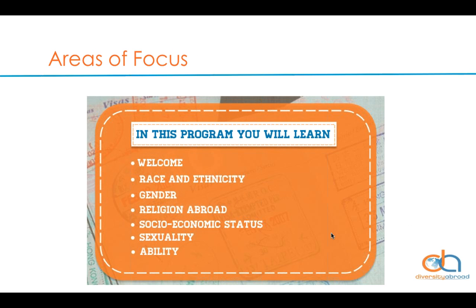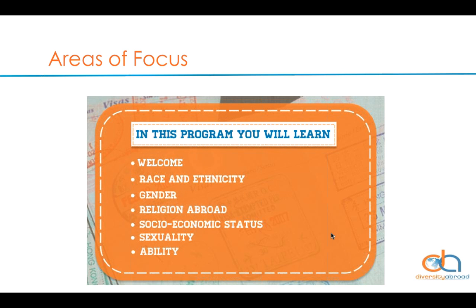There are 6 different areas of focus that the pre-departure module covers. Like I mentioned, we have a general overview and welcome to the students that starts off by discussing what the module is intended to do, and then outlines the next components of what the module includes.